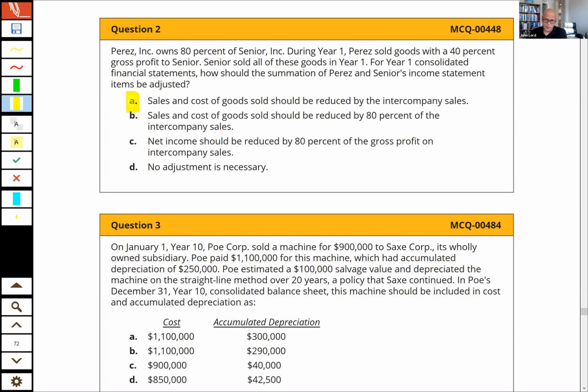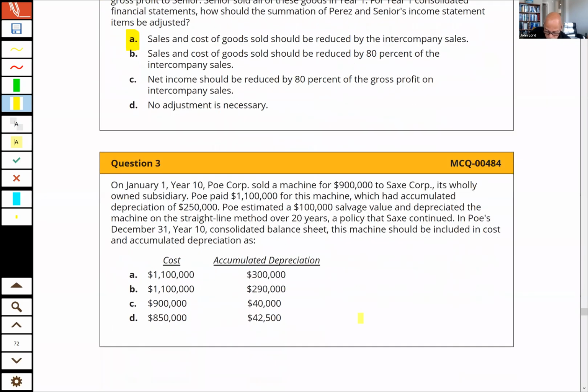We do back that off of our net income for the period to report the net income of just the parent's portion, or the portion of the now consolidated company that includes our portion of the subsidiary. I'm assuming we're the parent when I say our. And then no adjustment is necessary is of course wrong. Okay, good. Let's take a look at number 3 then.